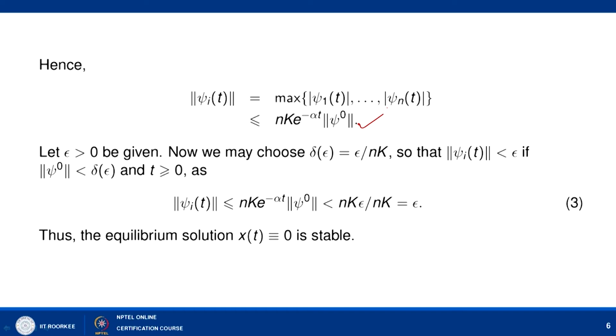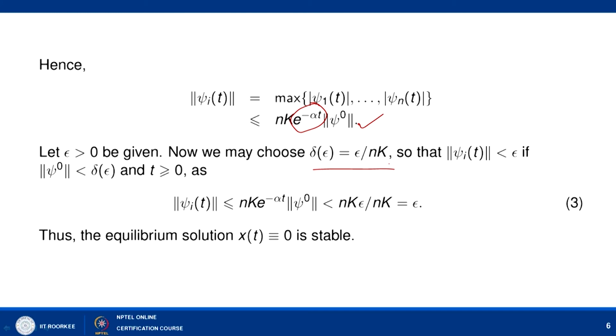Now, e to the power minus alpha t is always less than 1, so I can write that the norm of psi I t is less than or equal to n k times the norm of psi 0.